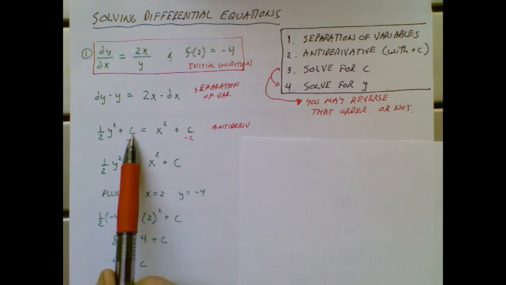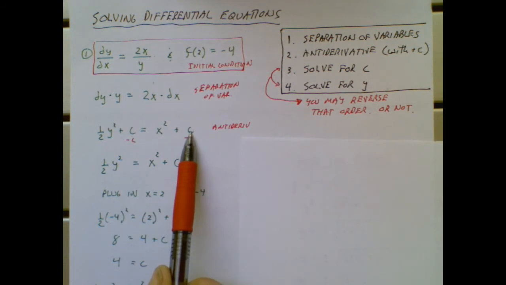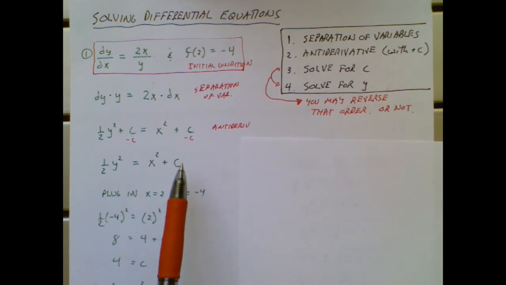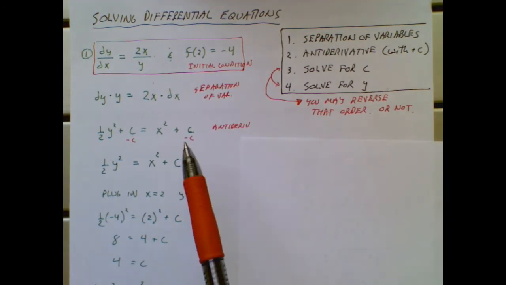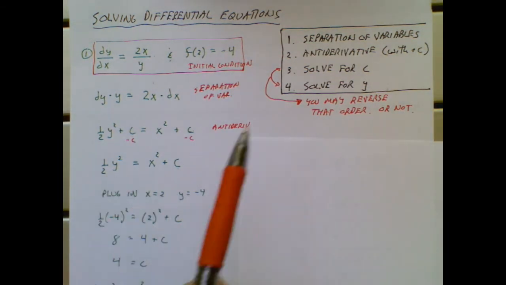Because remember, this could have been, say, a 5, and this could have been a 12. When I move that 5 over, this is now a 7. We just called him c. Everywhere we go, we call that c. So it goes against your instinct, but c minus c is c.